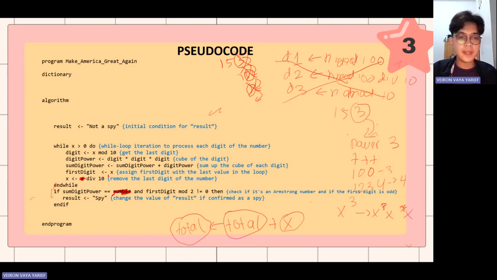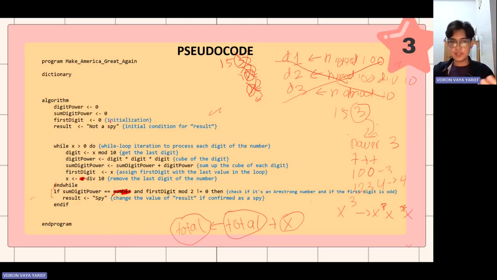We need to compare it with the first input, okay? So after reading this, we need an input. We need initialization first, because in the while condition, the sum of digit powers, the first digit, is always an initialization number. Always do initialization outside, at the first thing. So after that, we input numbers, right?